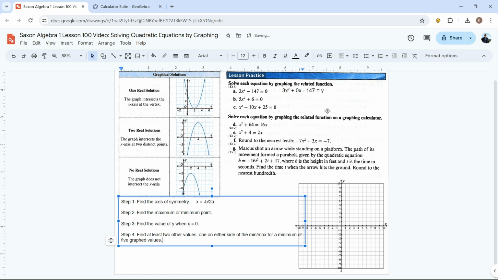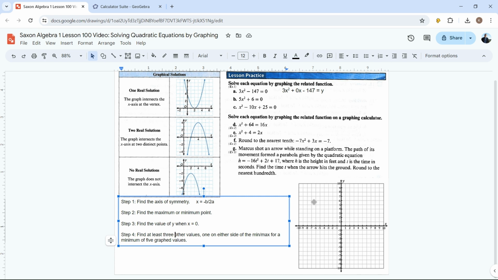So you should have at least 5 graphed values. You can maybe get away with 4, but you should try to have 5. So you should have the axis of symmetry point, the value when x equals 0, and I'm going to say this should probably be 3 other values, at least one on either side of the min-max, for a minimum of 5 graph values. That's going to be your best way to do this.